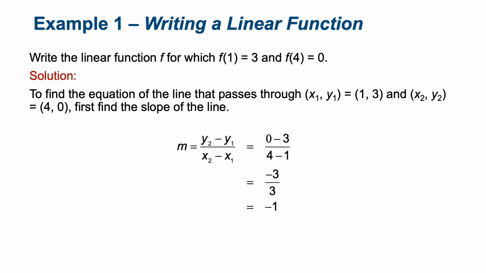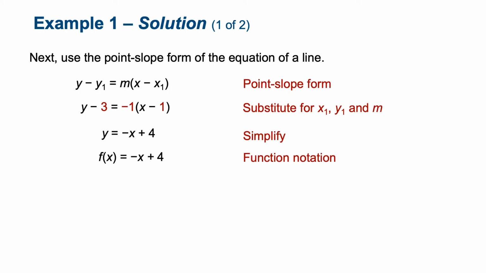So we get 0 minus 3 over 4 minus 1, which is negative 3 over 3, which is just negative 1. That's the slope. Then we use point-slope formula, where we put negative 1 for the slope, and we pick a point, 1, comma 3, and we plug in that for x1, y1, and distribute the negative, and then we get f of x is equal to negative x plus 4.